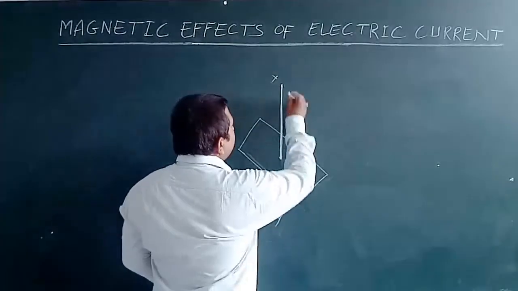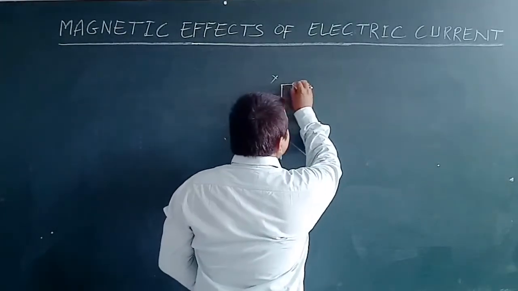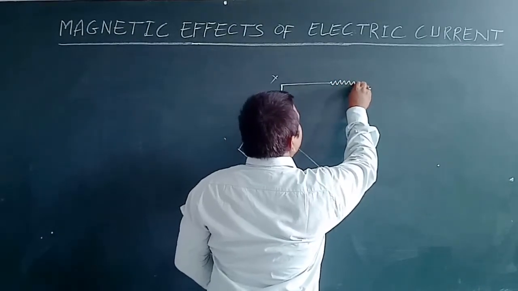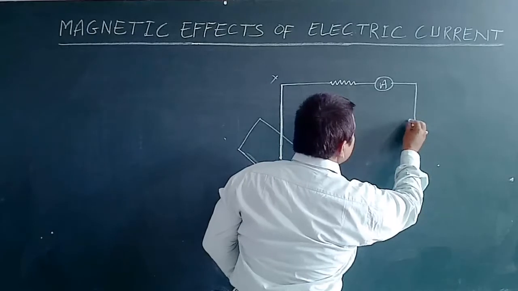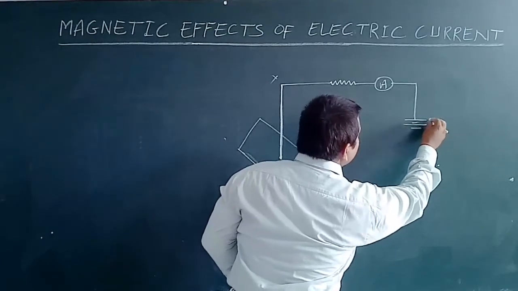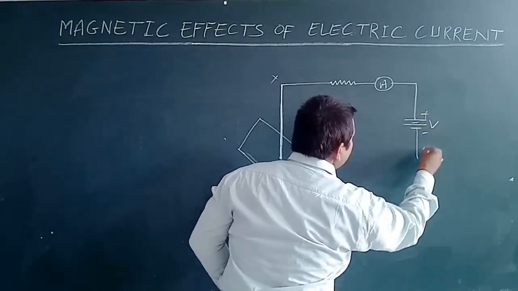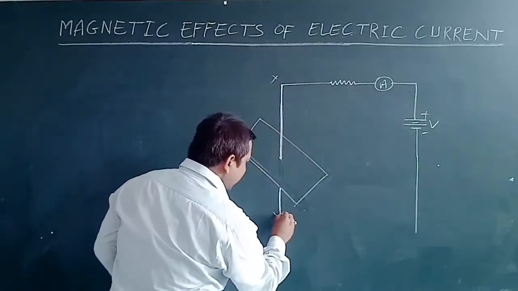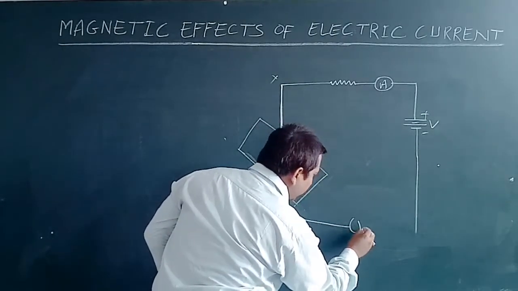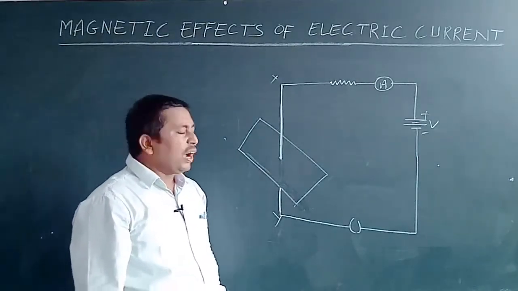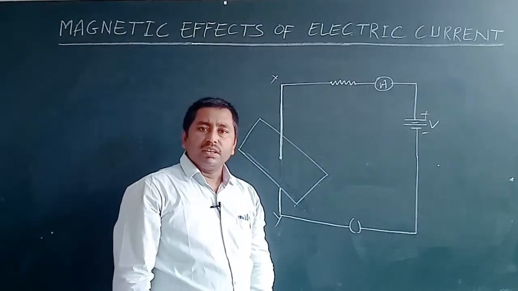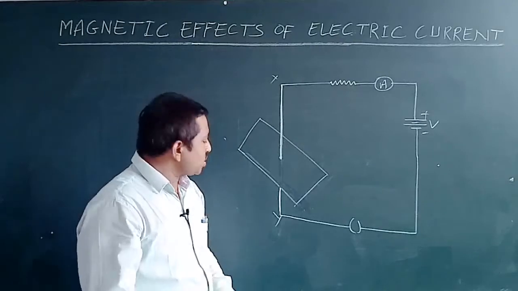Then we connect this conductor through a resistor and an ammeter with a battery of potential V, and this is connected through a plug key also. Then what will happen when we switch on the key?